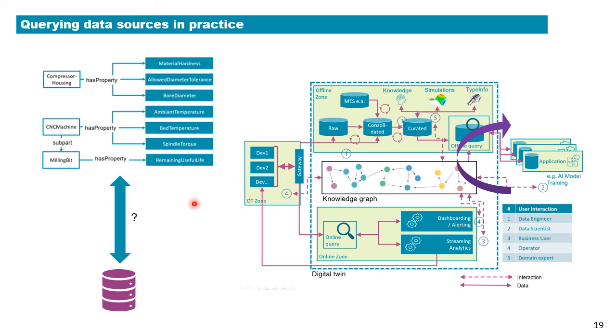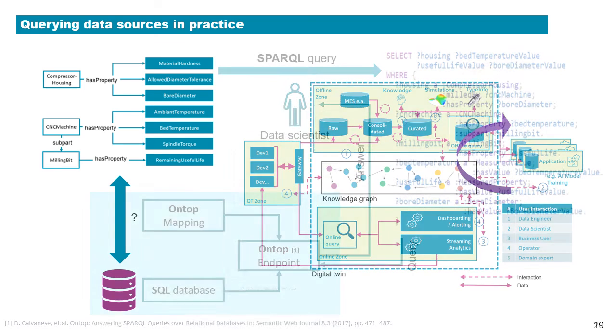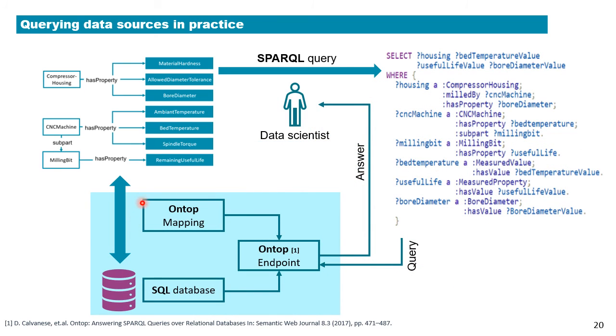Finally, I want to show a short example of how the knowledge graph can be connected to different data sources. In order to do so, we created a small example using OnTop, where OnTop allows to create a mapping between the knowledge graph and a SQL database, which in turn allows the data scientist to pose SPARQL queries over the knowledge graph using the concepts of the knowledge graph, such as, in this case, compressor housing, CNC machine, milling bit, and so on.